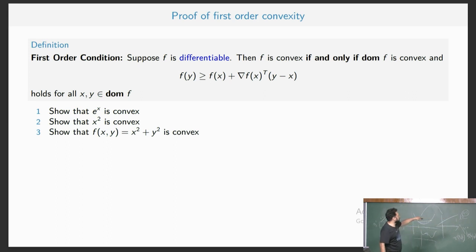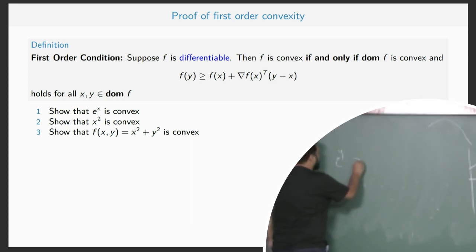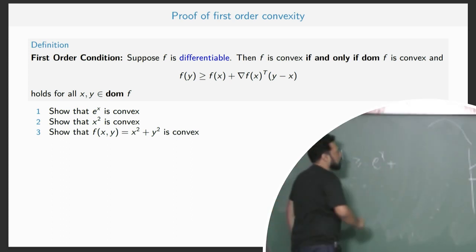Use this as an exercise: e to the x is convex, right? If you use the first order condition, how does it look? You have to pick any x and y. They just have to be in the domain, that's all. But you can pick any x and y, and this inequality should hold. So what does this say? e to the y is greater than or equal to e to the x plus the gradient.